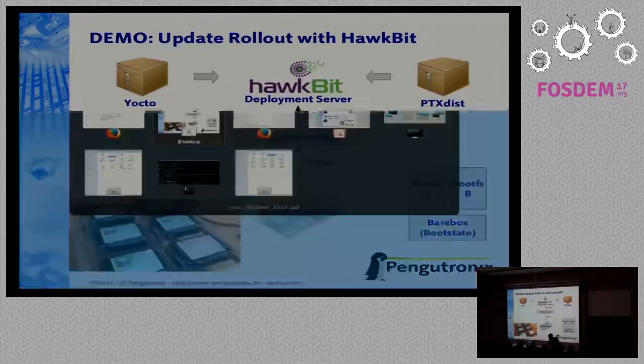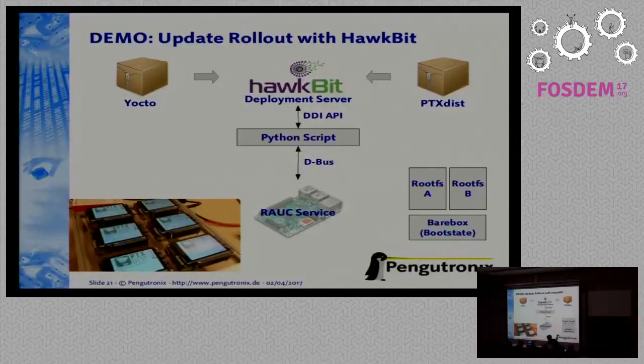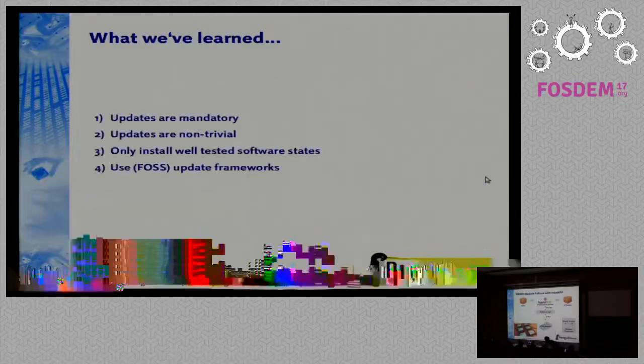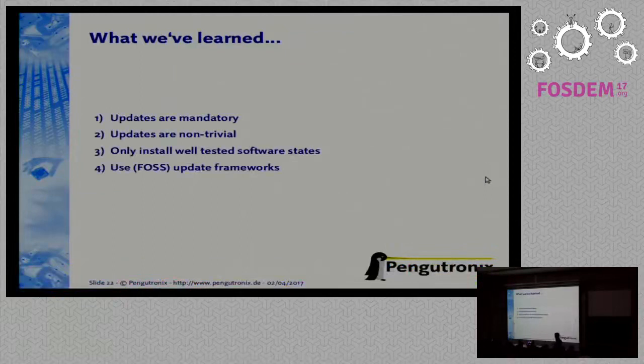I can't switch to the next slide, but it should be the conclusion. So I have to try it manually. So it works. So what are the basic facts that we have learned? Updates, especially on embedded devices that are connected, are mandatory.